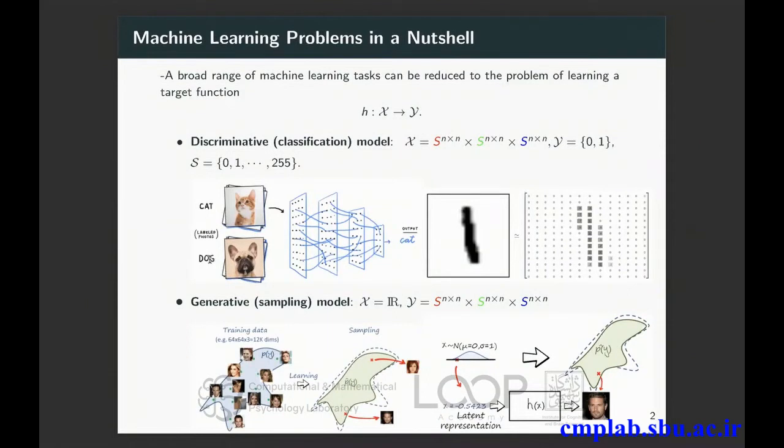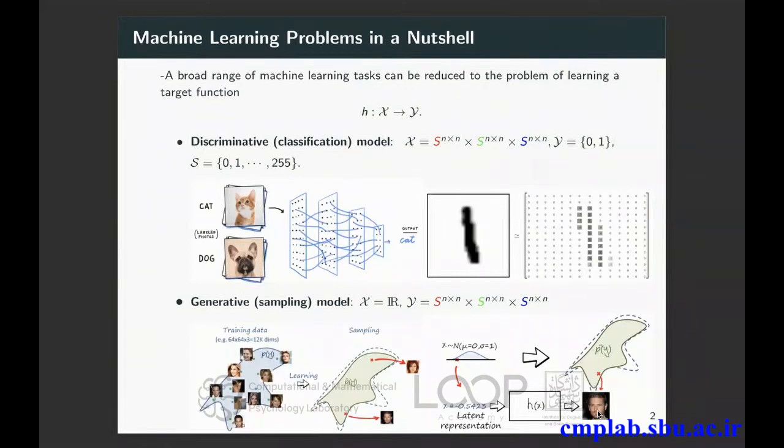The way to do it is that we first sample from a very low dimensional distribution, like a Gaussian. Then we take this sample from the Gaussian and apply a map to it so that we get a sample from that high dimensional distribution. So here, as you can see, I have a sample from this Gaussian and I apply a map HX, and I get a sample from this high dimensional distribution, which is an image.